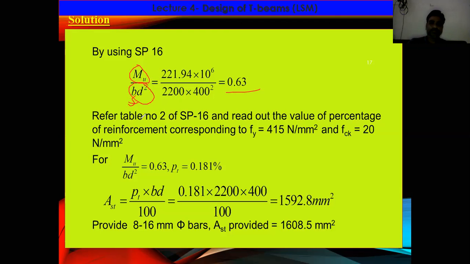From Table 2 of SP 16, read out the values of percentage of reinforcement corresponding to fy and fck 20. This table gives the percentage of steel required corresponding to this Mu by bd square and whatever grade of steel and grade of concrete you are using. So based upon these three values, it can be used, right?